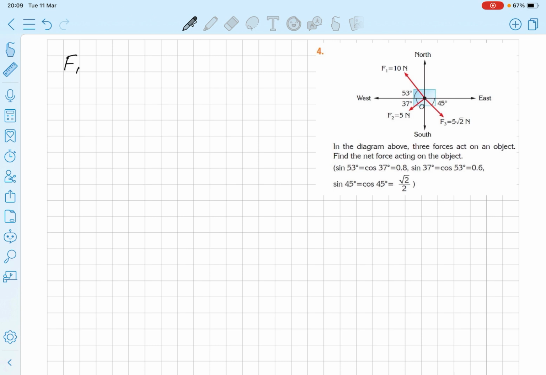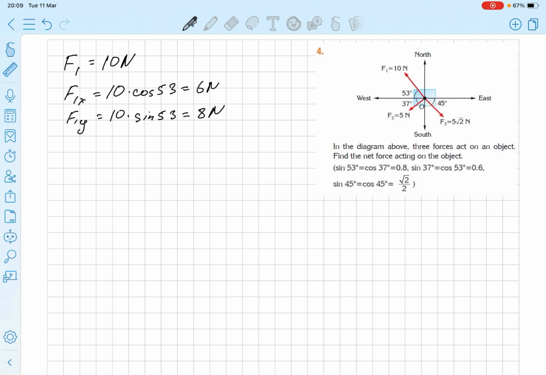F1 is equal to 10 newtons, so F1 by X is equal to, we use the angle with the horizontal, which is 53, so it will be 10 times cosine of 53, which is equal to 6 newtons. So F1 by Y is equal to 10 times sine of 53, which is equal to 8 newtons.